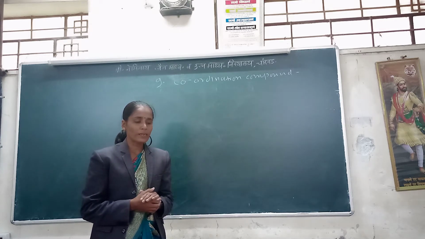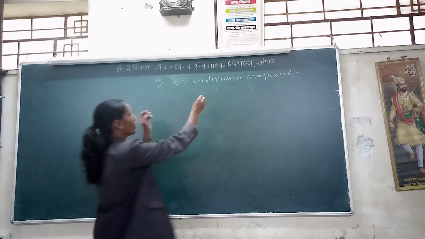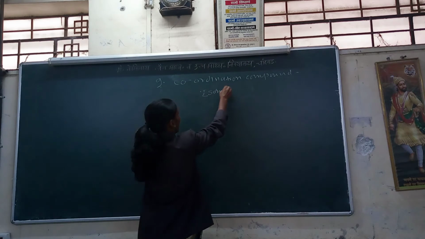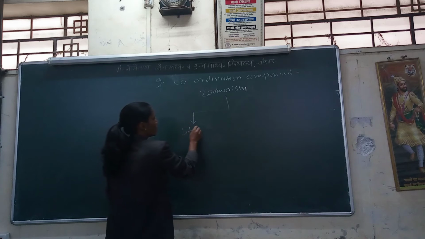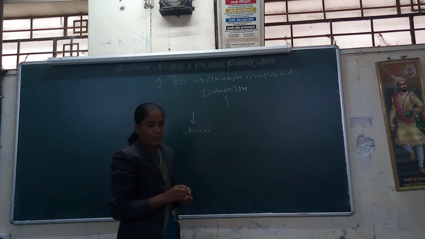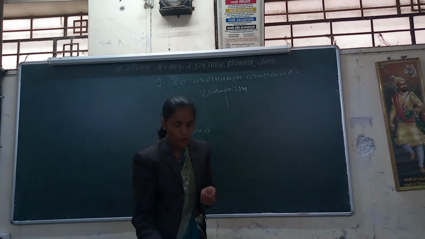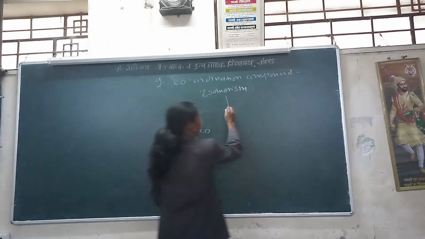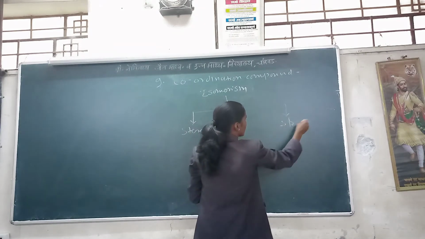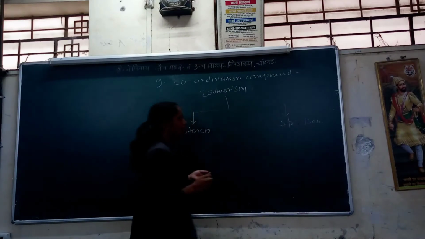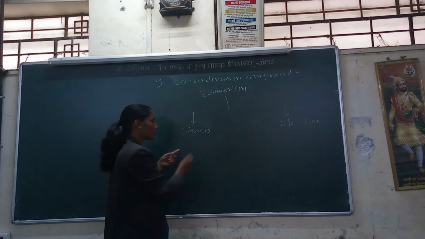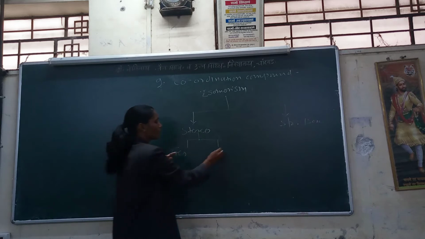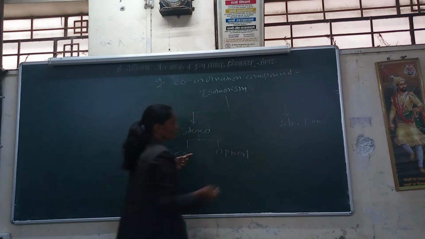Second point of isomerism, that is stereoisomerism. Here again I repeat, isomerism in coordination compounds is classified into two types. First is stereoisomerism and second is structural isomerism. In the last lecture we learned that stereoisomerism shows two types: first is geometrical isomerism and second is optical isomerism.